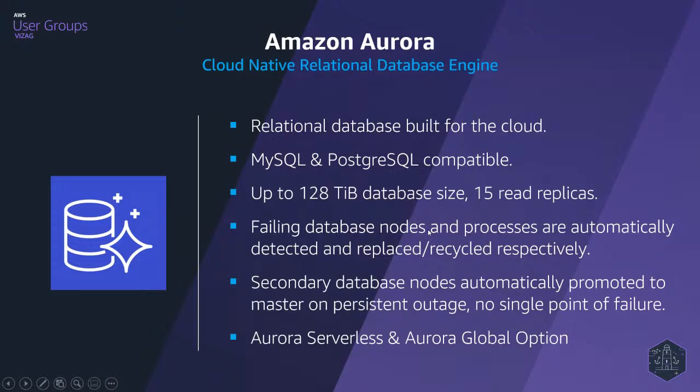There is an option of Serverless and Aurora Global Database. Think of Aurora Serverless as not having to worry about the actual number of databases. In the sense, you no longer have to worry about CPU and memory, right? Because here also, when you talk about nodes, you are still talking about compute units or single servers. For example, a server with two CPUs and 4 gigs of RAM, right?